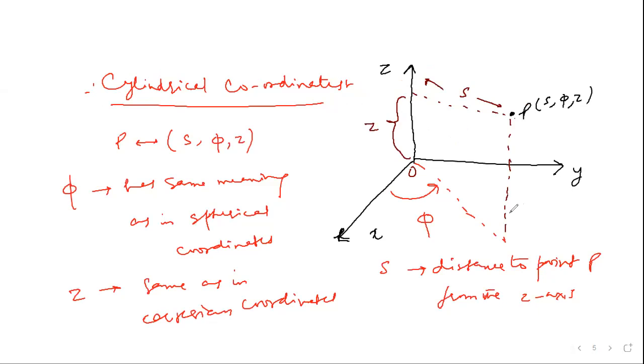So s cap will be somewhat like this, in the direction of increase of S. Z cap is the unit vector in the direction of increase of Z, and phi cap is somewhat like this, the unit vector in the direction of increase of phi. Again, these three unit vectors form an orthogonal set, like I cap, J cap, and K cap. They are mutually orthogonal.